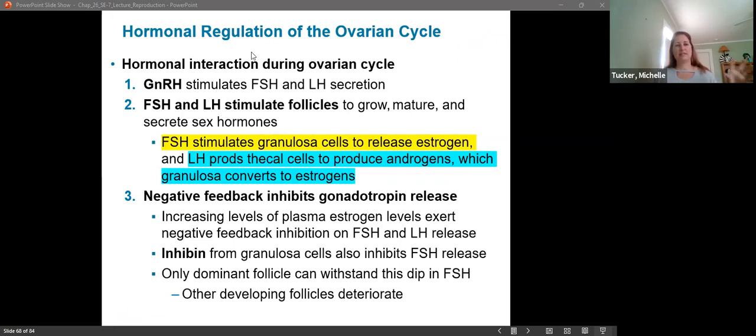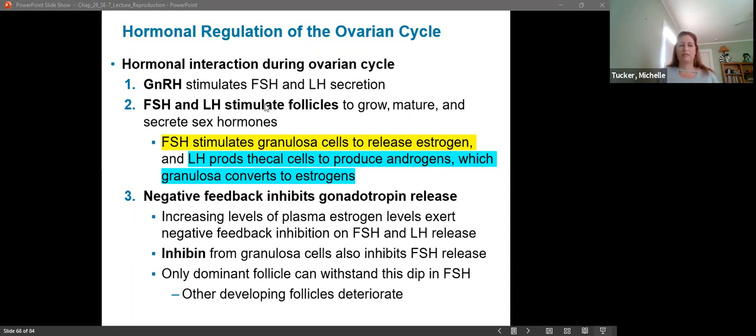So increase in leptin, the hypothalamus becomes less sensitive to estrogen, so it's not being inhibited anymore. And the hypothalamus is going to release gonadotropin releasing hormone, which then stimulates FSH and LH secretion by the anterior pituitary.